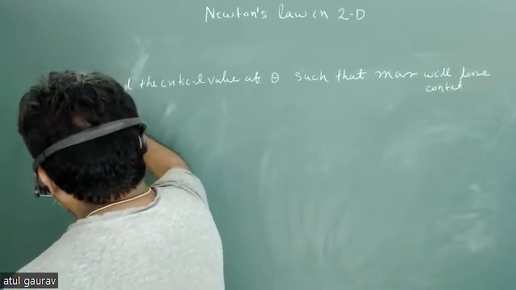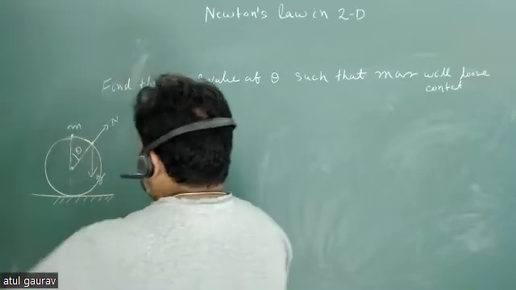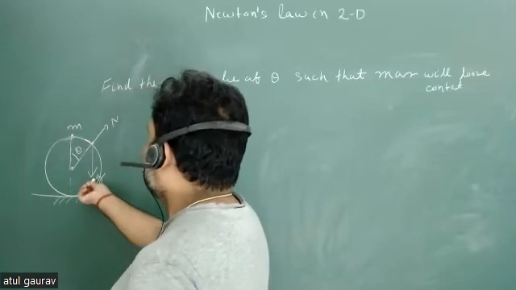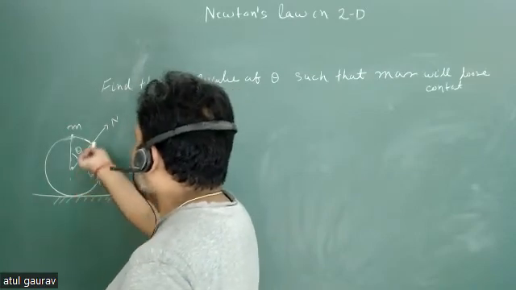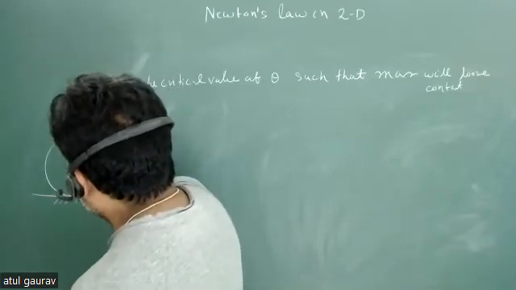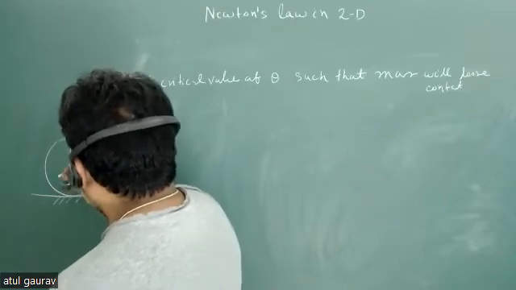Radially outward, that is normal. So I can say this is my normal force and this is my radial direction. So I can take the component of g along this direction, isn't it? What will be this angle? This angle is theta.